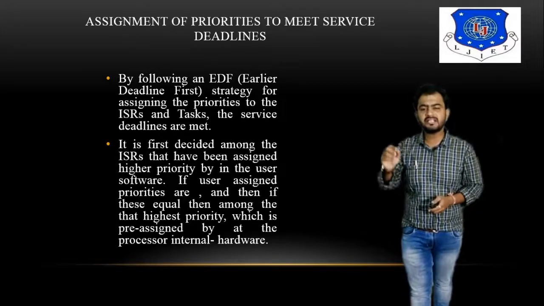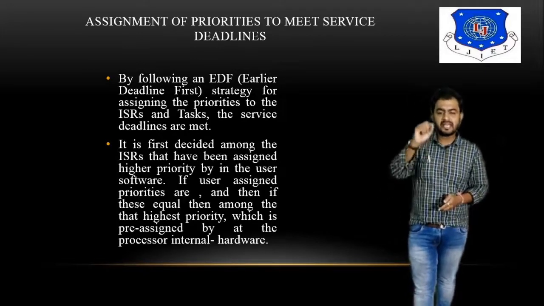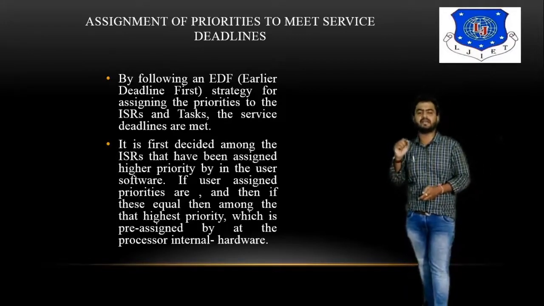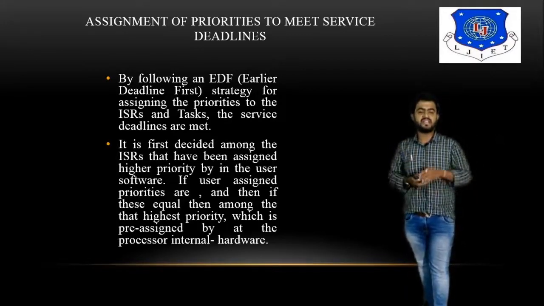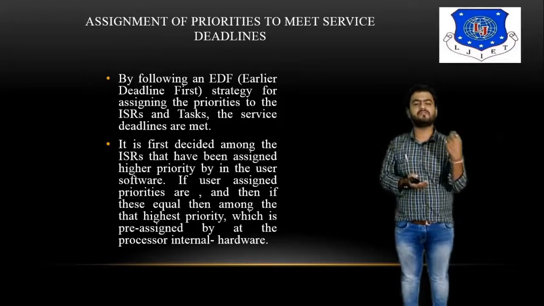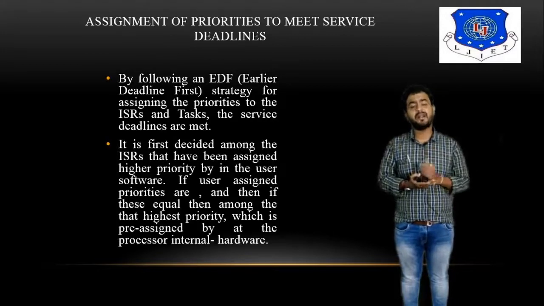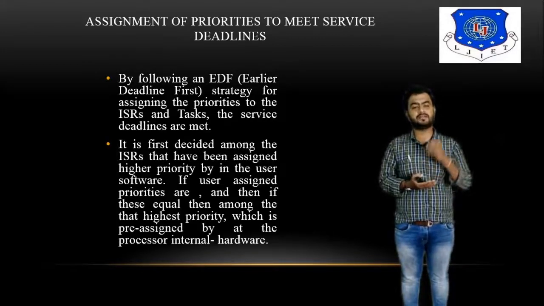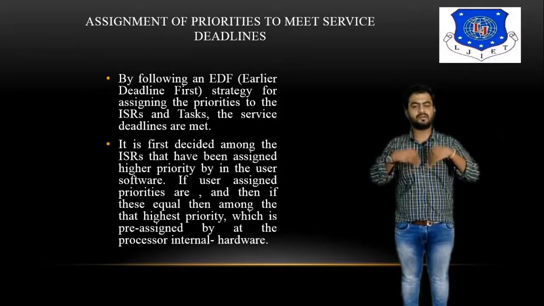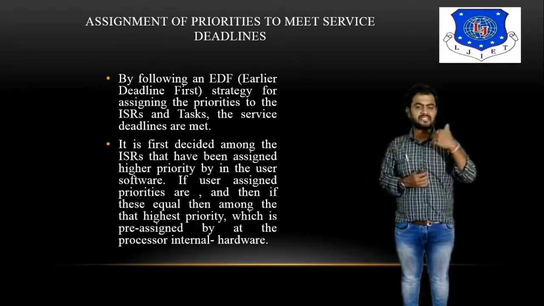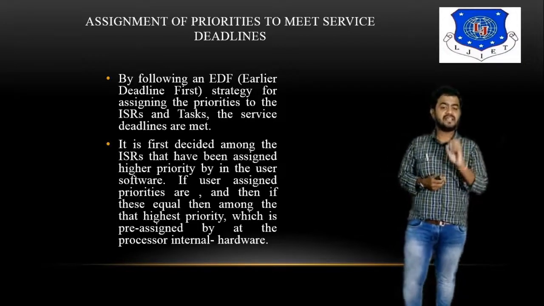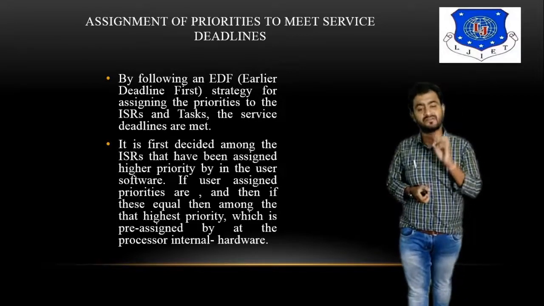So if the user assigns the priorities, and if they are equal, then among them the highest priority is the one pre-assigned by the processor's internal hardware. I give you one simple example, like a traffic light controller. A normal traffic light controller works on a clock based concept, right? But if you have to design a system where, if an ambulance comes, then all the three roads will be closed and that particular side will be turned on, then the ambulance has the highest priority because here you have to save someone's life.